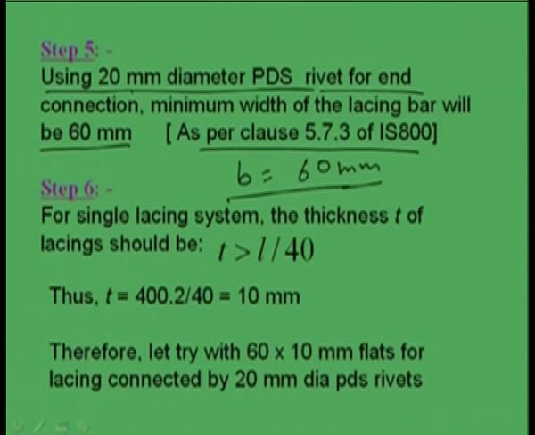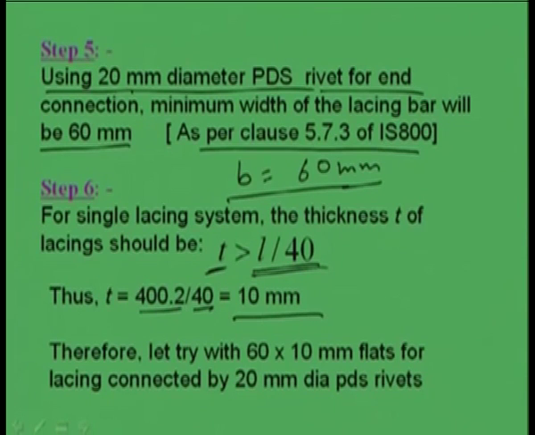And then in the next step what we will do? We will find out the thickness. The thickness should be, for single lacing system, greater than L by 40. So, L is 400.2 and 40, so we are getting 10 mm.